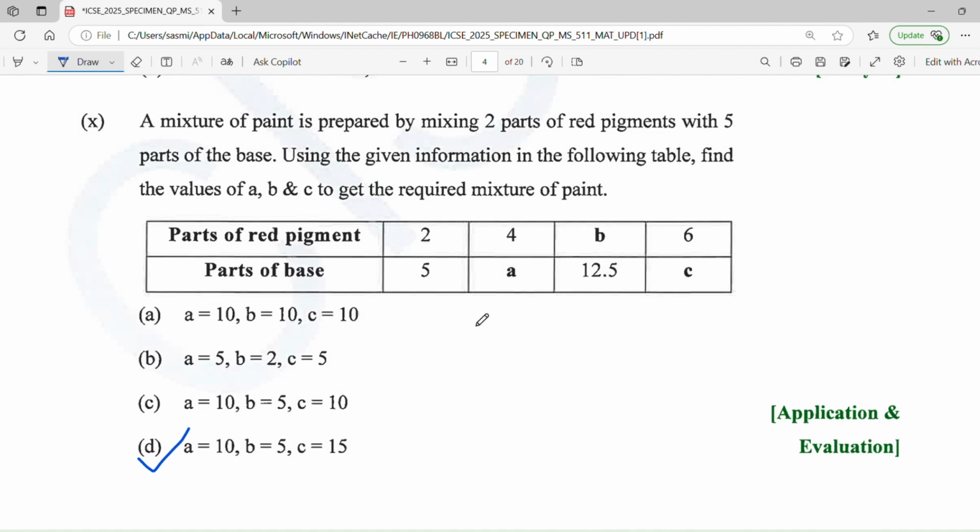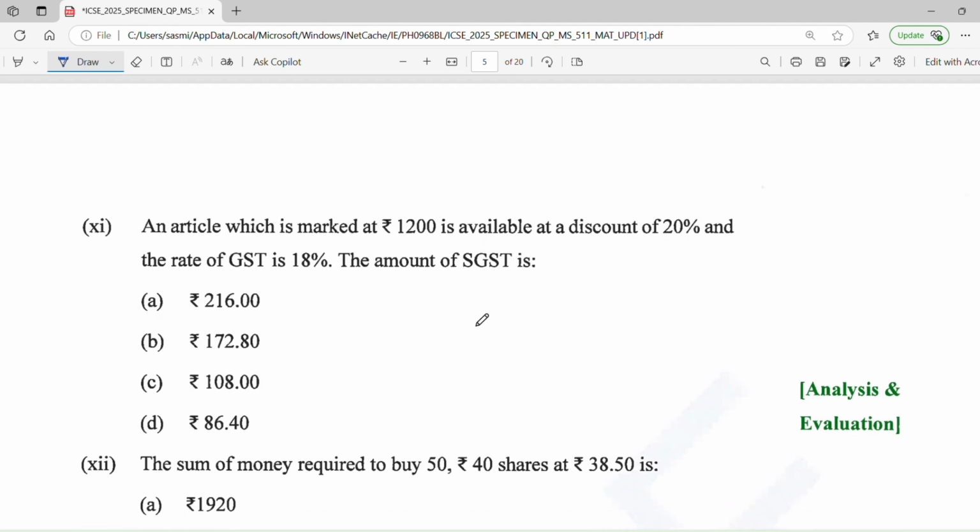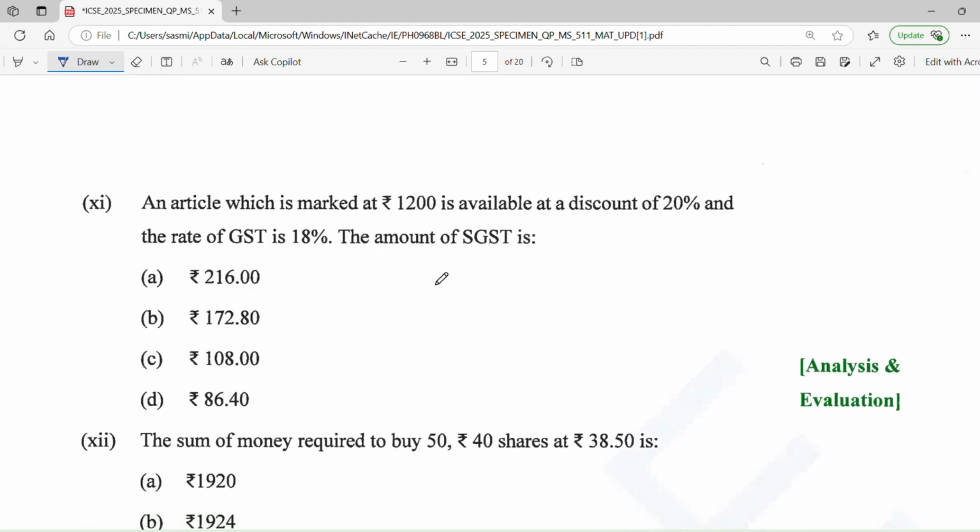Next question is: an article which is marked at rupees 1200 is available at a discount of 20% and the rate of GST is 18%, the amount of SGST. An article which is marked at 1200, MP, the marked price, is 1200.